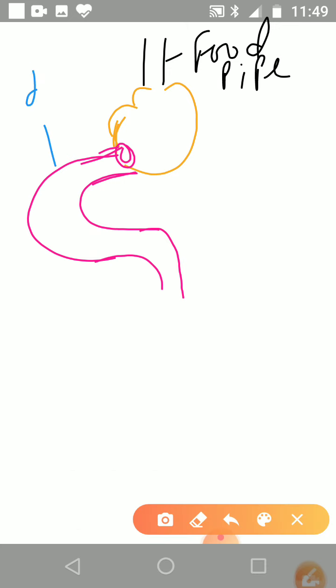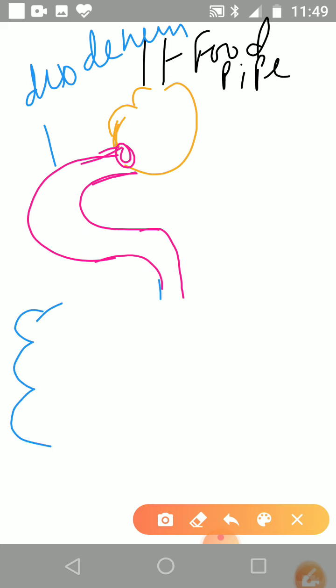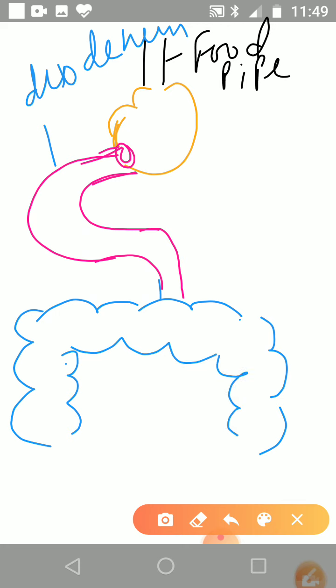This is the duodenum part. Okay, and now I will just show you a rough diagram of our small intestine. Here is the large intestine. This is our rectum, and this is the anus part.